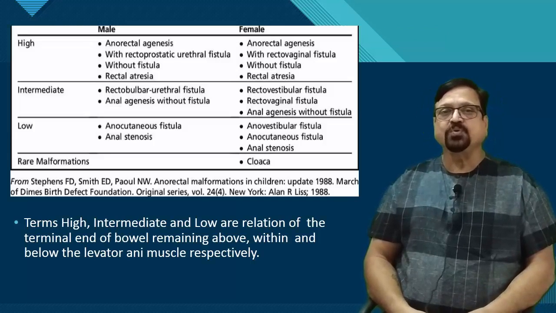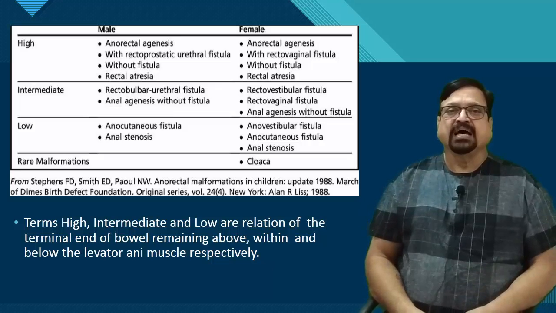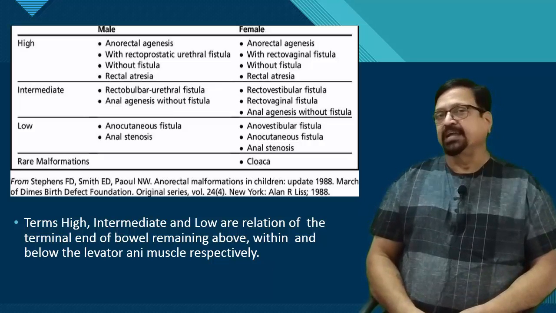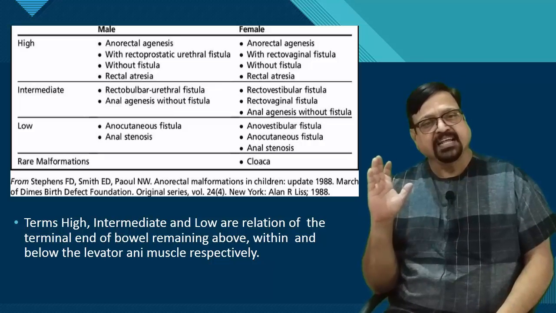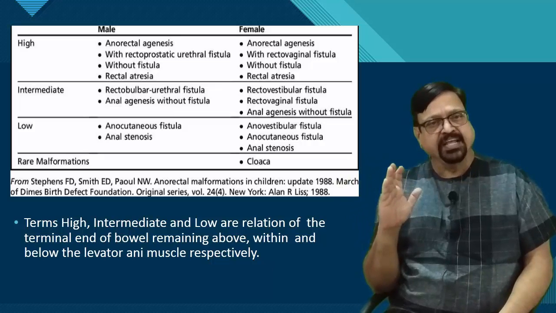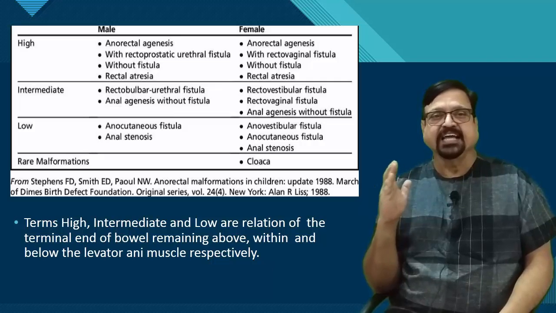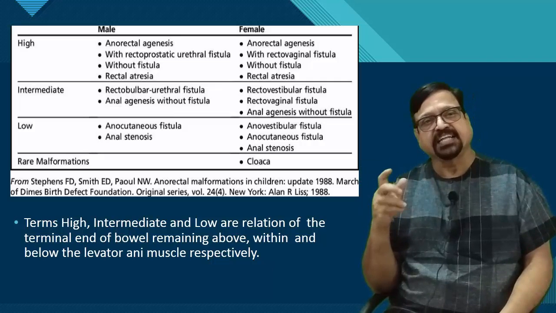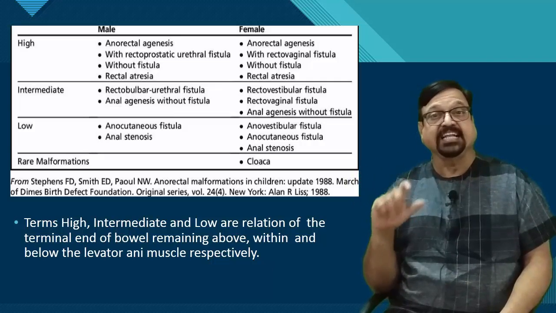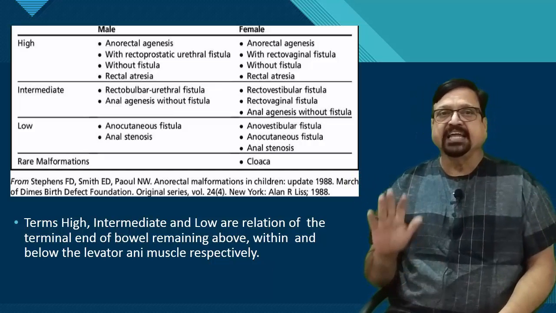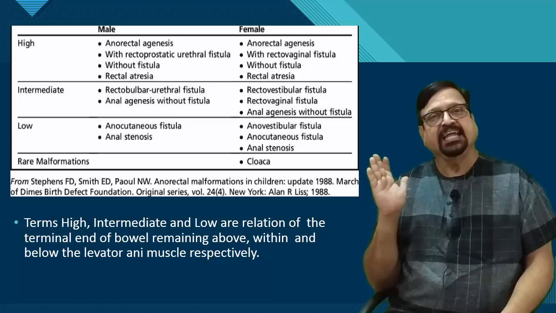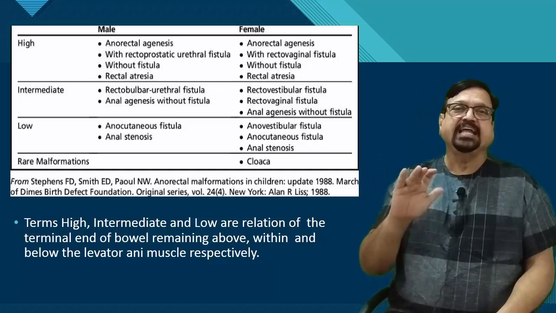Now here we come to the terms high, intermediate and low type. These are also described in a lecture where we covered invertogram, that is, anorectal malformations, clinical presentation and radiological diagnosis in the newborn as an initial investigation. Now this can be a high type, an intermediate type, or a low type.